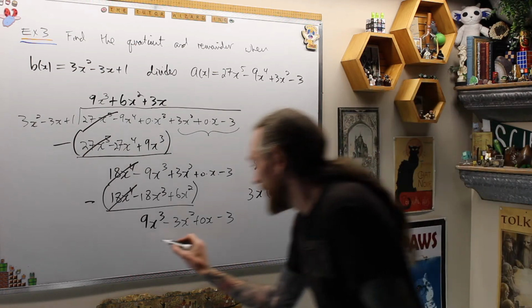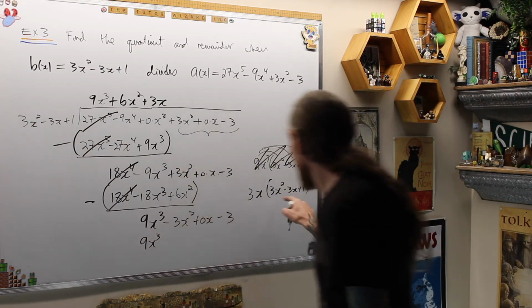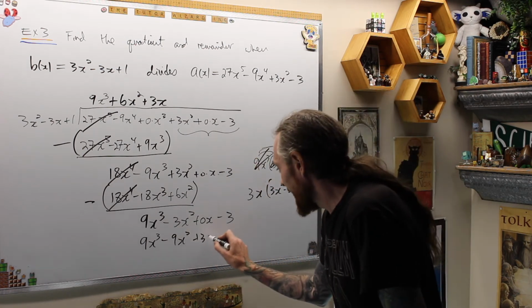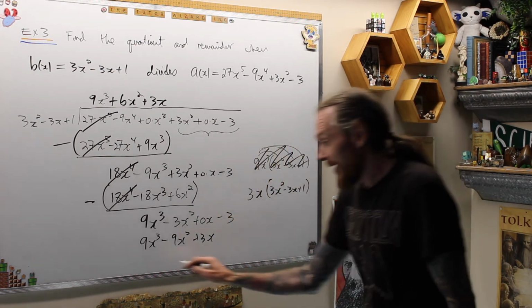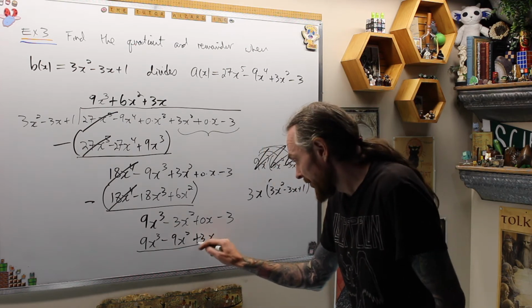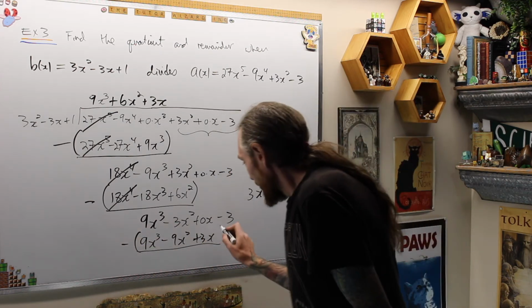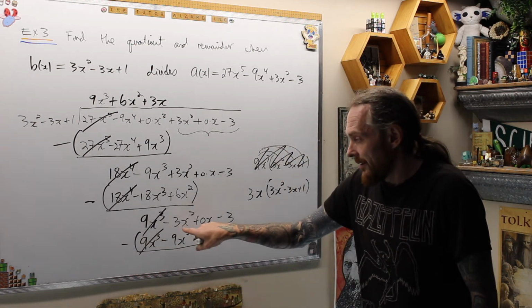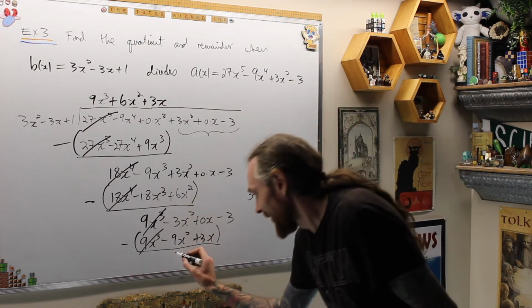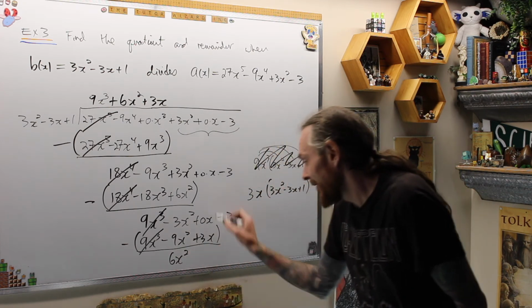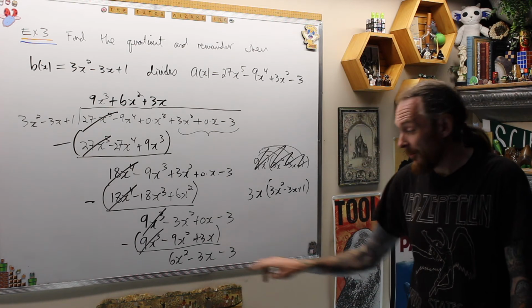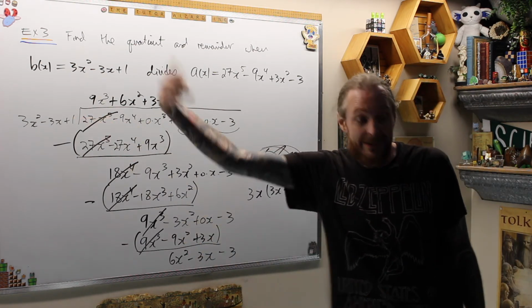What do I get? 9x cubed minus 9x squared plus 3x, and ooh, luckily it lined up again because I wrote my zeros in there. I subtract, I put brackets, minus minus. Negative 3 minus minus 9 is 6x squared minus 3x, and then bring the rest down. Can I stop? No, this is degree 2, and so is that. I have to keep going.